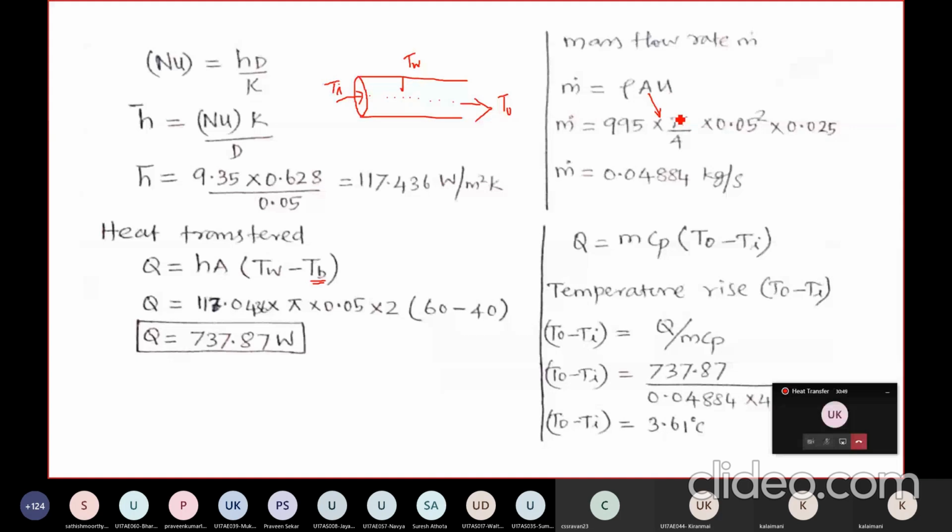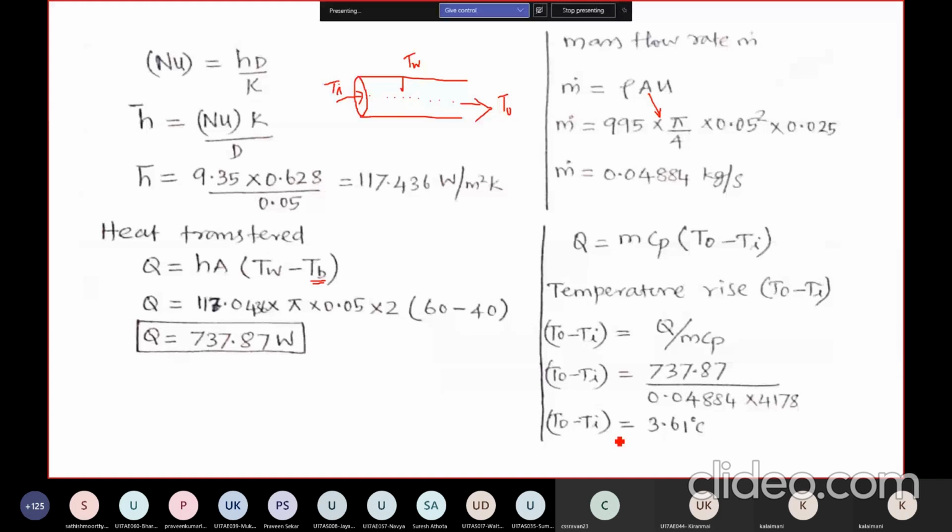From that, find the mass flow rate. I substitute that mass flow rate here, with Cp, the specific heat of the fluid, which is already given. Then we find the temperature rise: T naught minus Ti is equal to 3.61 degree Celsius.